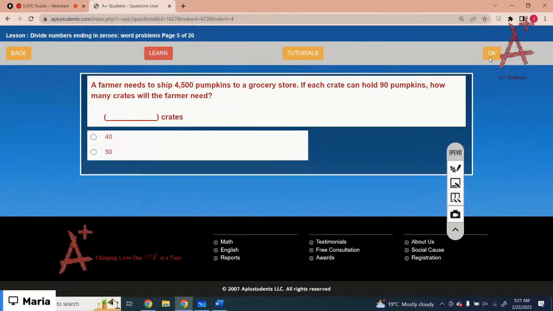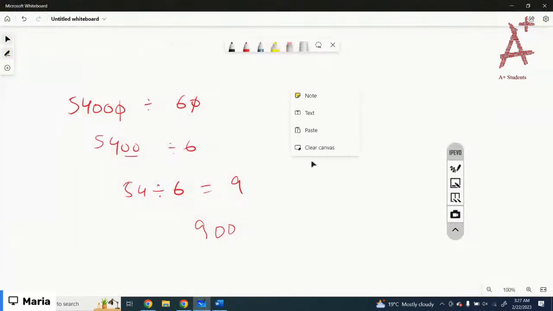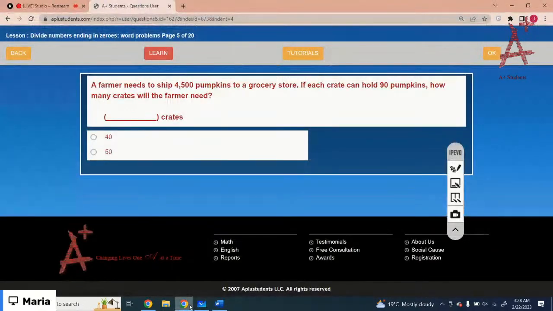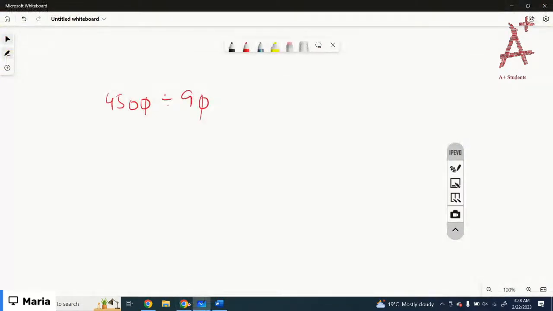Okay, the next one is a farmer needs to ship 4,500 pumpkins to a grocery store. If each crate can hold 90 pumpkins, how many crates will the farmer need? So you have to divide 4,500 by 90. Okay, you can just cancel out the same number of zeros.